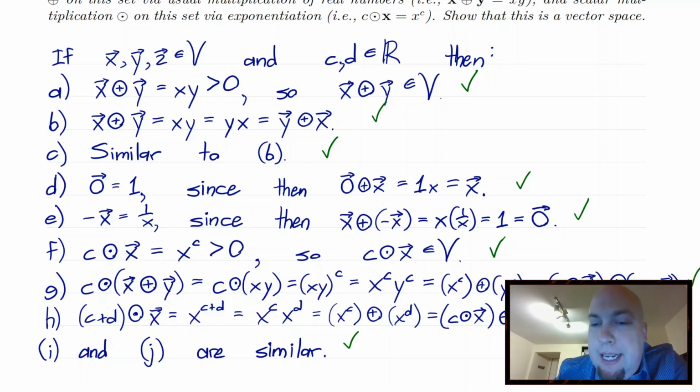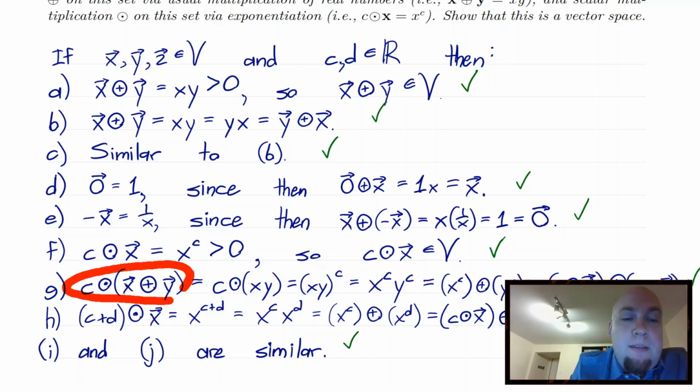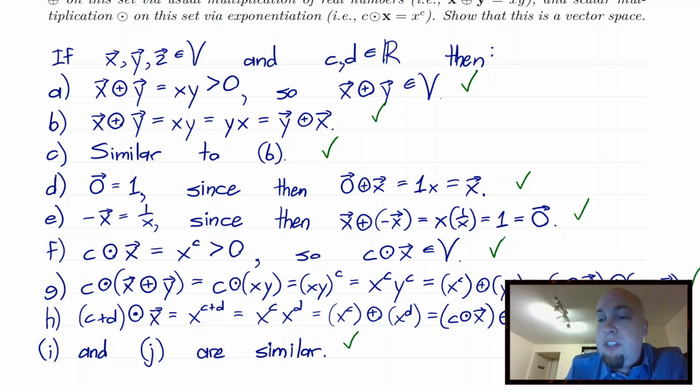Okay, and similarly, x to the power c, well, that's a scalar multiplication. y to the power c, that's a scalar multiplication. And then if you look at these far left and right-hand sides, scalar multiplication and then vector addition, and then scalar multiplication, that's exactly what we wanted. That's exactly what distributivity property G is. Okay, so it's kind of weird because we're using properties of multiplication and exponentiation to prove properties about scalar multiplication and vector addition, but it all works out exactly how we would expect it to.